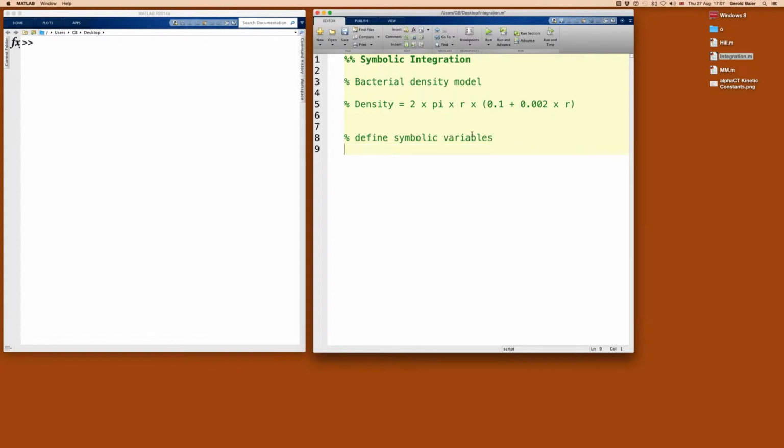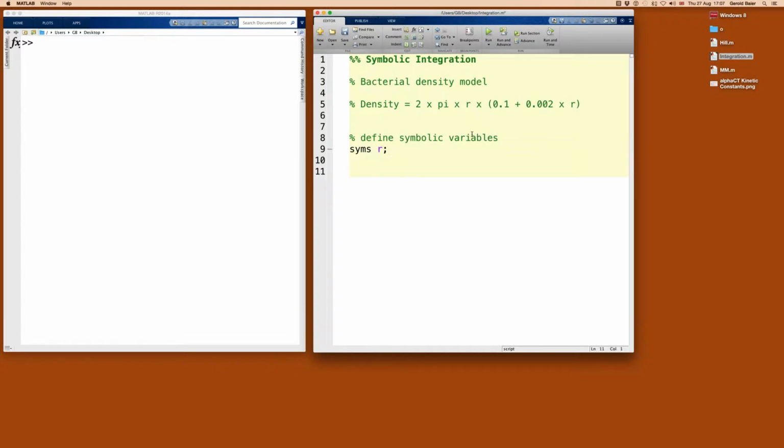Well, just one. And the way we do that is with this command, syms r. So we're telling MATLAB, when we say r in a minute, what we don't want to do is actually have a value for that r, but we should treat that as a symbolic value that maintains its r-ness.